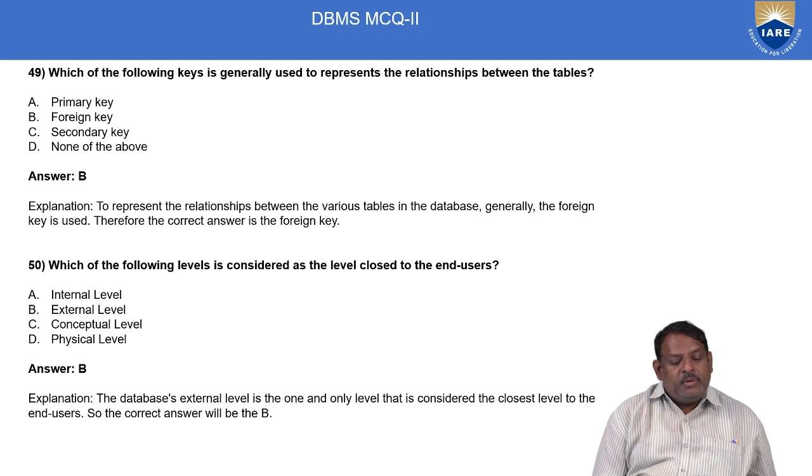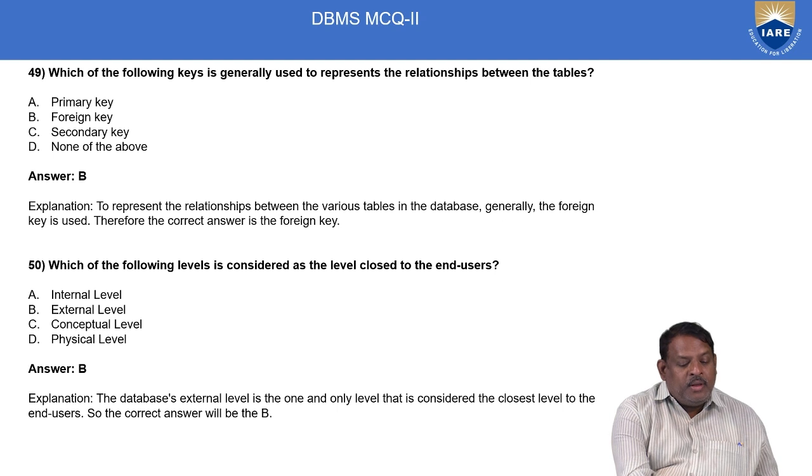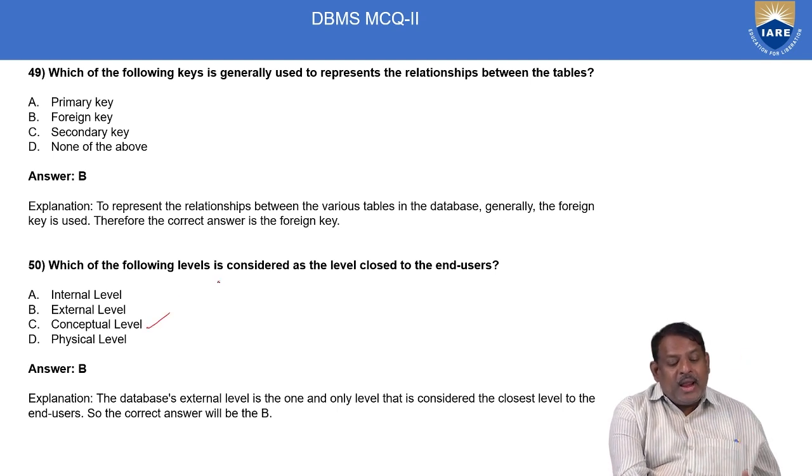Next, which of the following is considered to be a level close to the end user? We know that the conceptual level is seen at the higher level, and we know that the three levels of abstraction are internal level, external level, and the physical level.